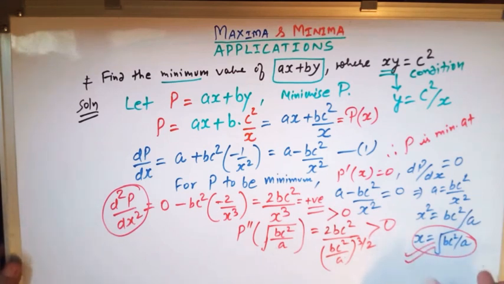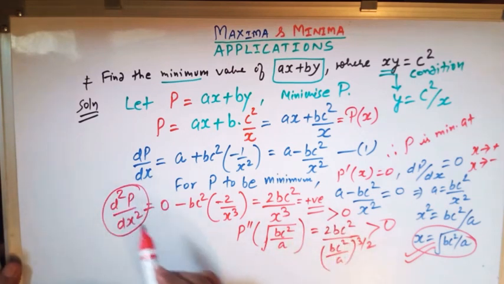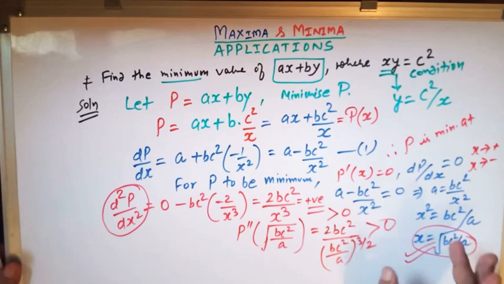So if we take the positive value here, then the second derivative is greater than 0. This is the square root of the quantity bc square over a, so if we take x as positive, then the second derivative is greater than 0, so P is minimum. And when we take a negative value of x here, then obviously the second derivative will be less than 0 and P will be maximum. Clear?